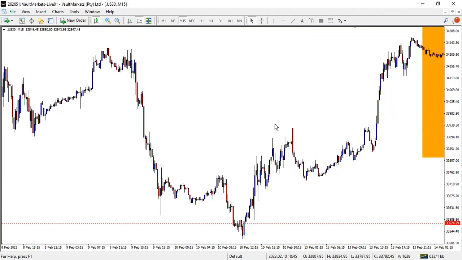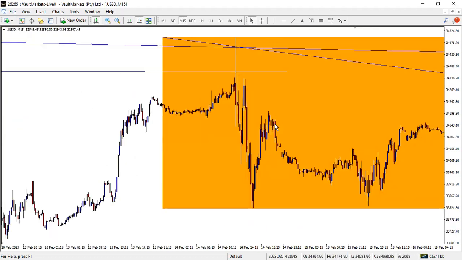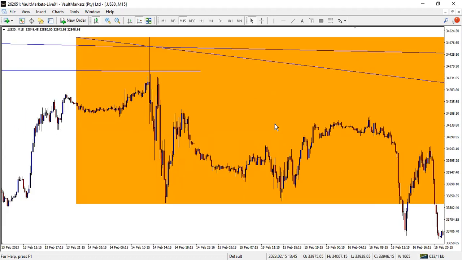As I said, this is my full analysis on US30. Now this is the point of interest from D1, if not mistaken. So what do we do now with such candles?